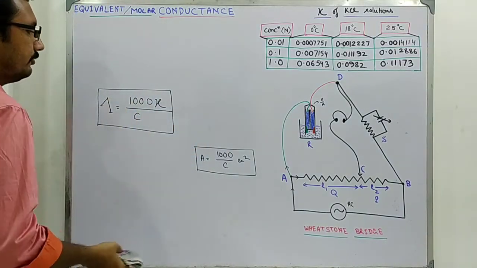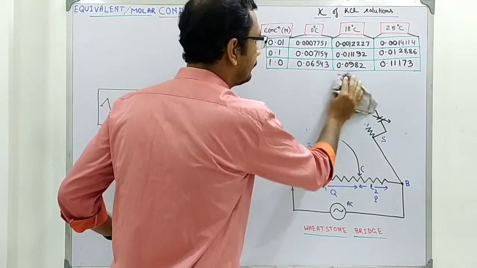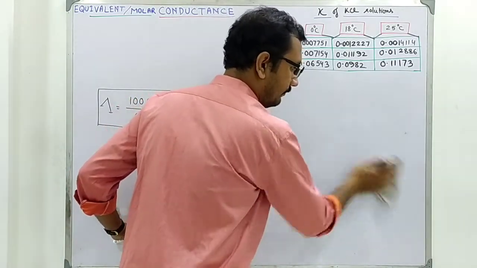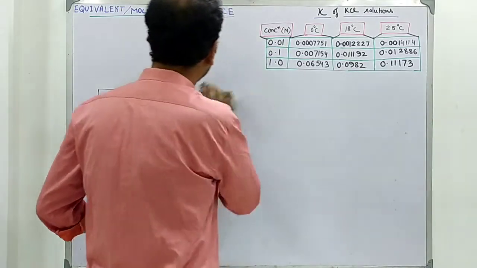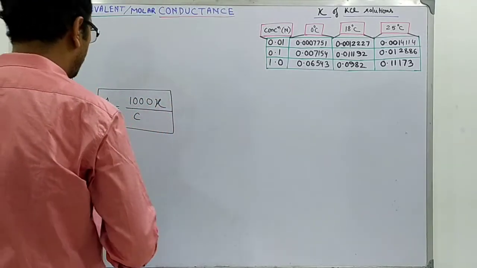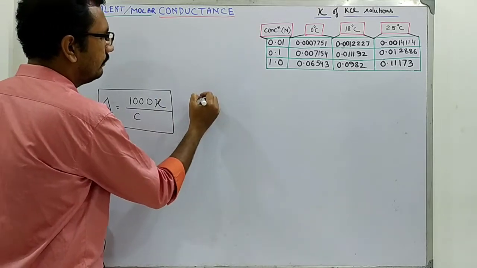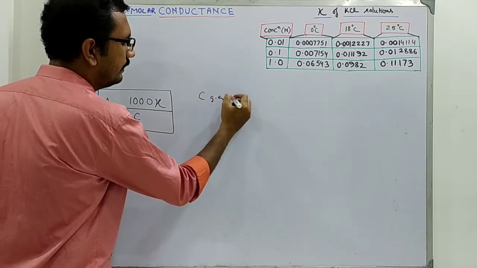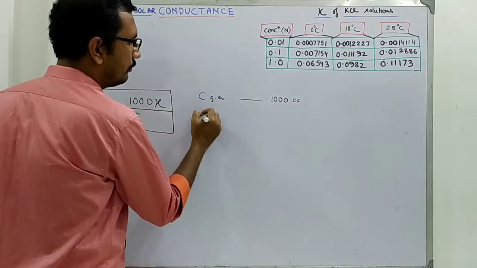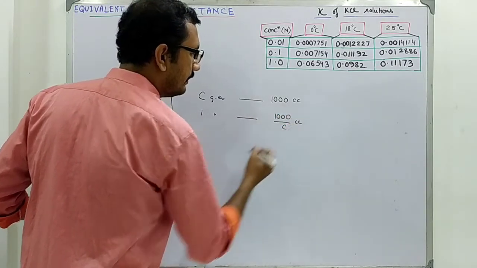So, you have the value of equivalent conductance. Now, what will be its unit? You see, while calculating, we have taken C gram equivalent of electrolyte present in 1000 cc. So, 1 gram equivalent was present in 1000 by C cc.